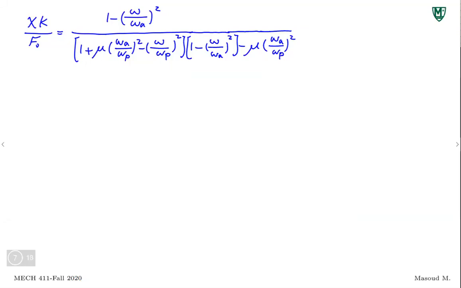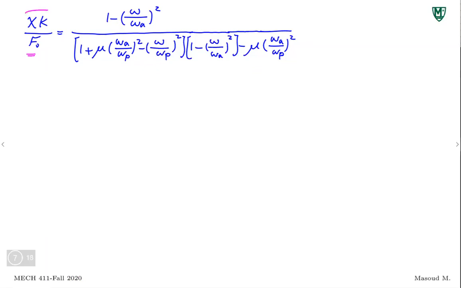So, after all this replacement, now what I have is the relationship between the force applied to the system, which is F naught, right here in the denominator. Xk, well, basically that represents the force applied to the primary structure, right? So I have the relationship between the magnitude of the input force and the magnitude of the force tolerated by the primary structure, which is represented by xk.